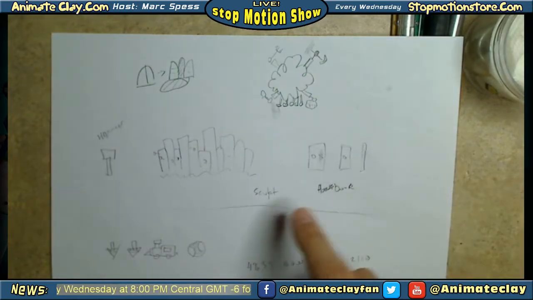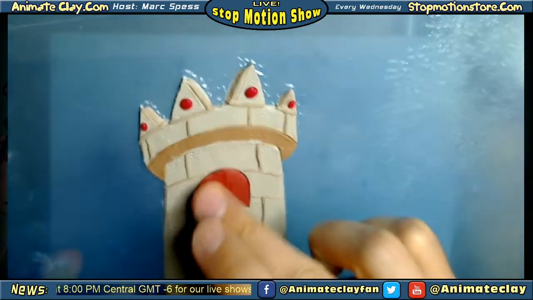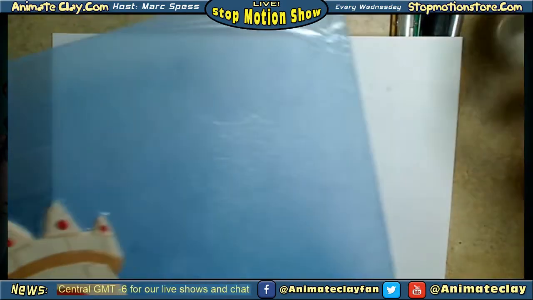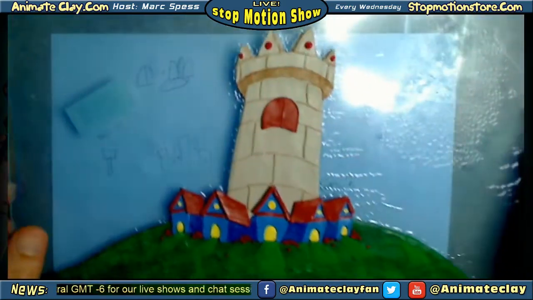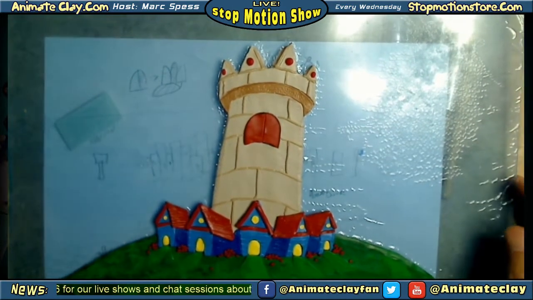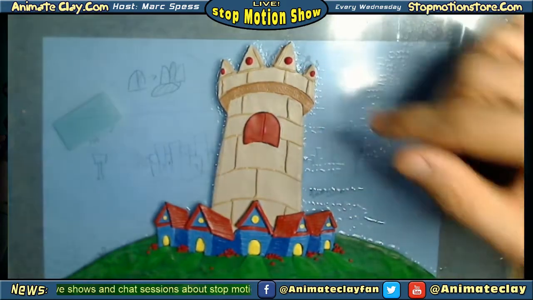Anyways, the rest of this stuff is stuff we had to sculpt tonight. We've got some things that I forgot about, and one of them was this one scene where I had some plastic wrap on here, so I've got to clean this up a bit. Some parts got shiny. Let's see if I can line this up. There we are. So this is going to be one of the shots where the king comes out of his little castle here.